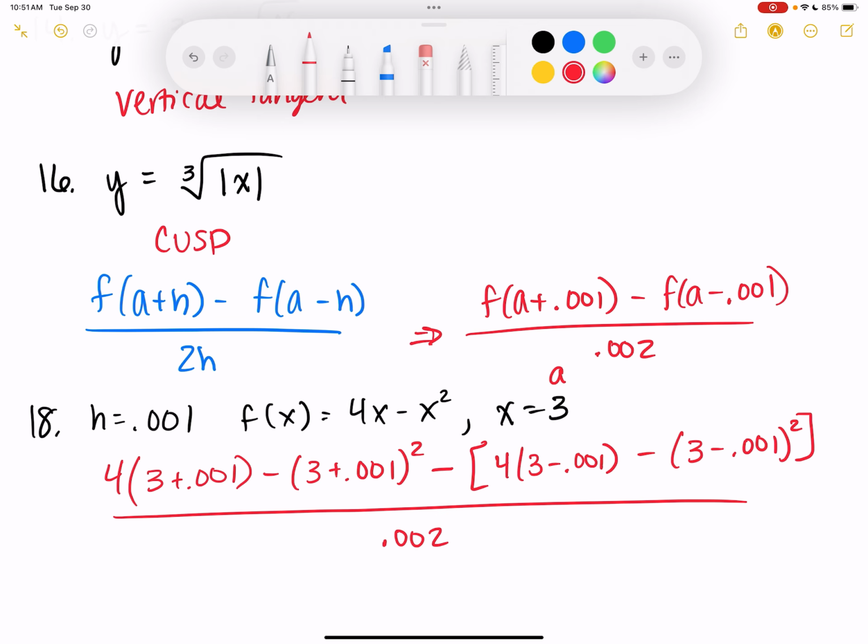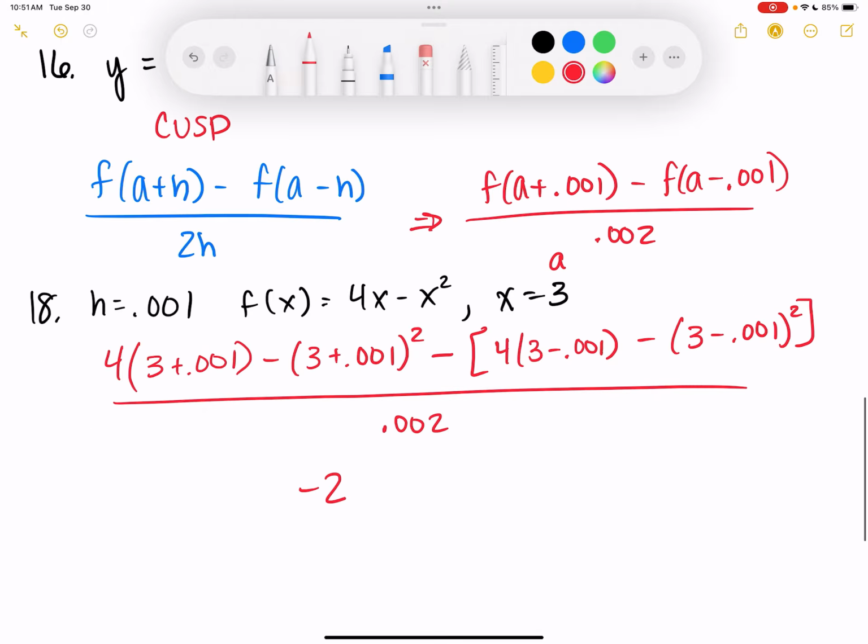My 2 didn't click. It said you can't divide by 0, and I didn't divide by 0. Apparently I didn't hit the 2. So all of that, when you work it all out, comes out to the nice number of -2.